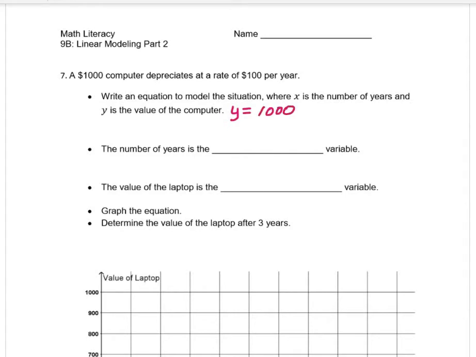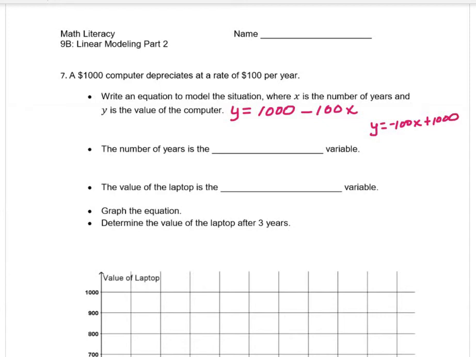Because that's the initial value of the computer. And then the value is going down $100 every year. So even though this is not exactly in slope-intercept form, I think this is the way that makes the most sense to write the equation. Now, if you wanted to switch that around and write it as -100x plus 1,000, that's fine.